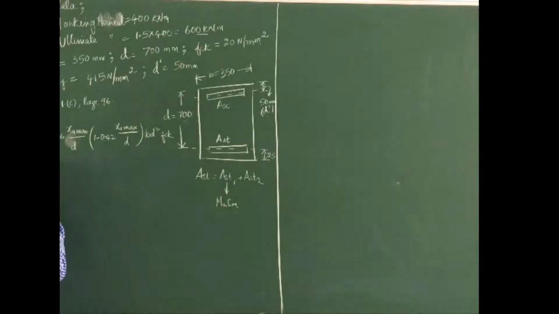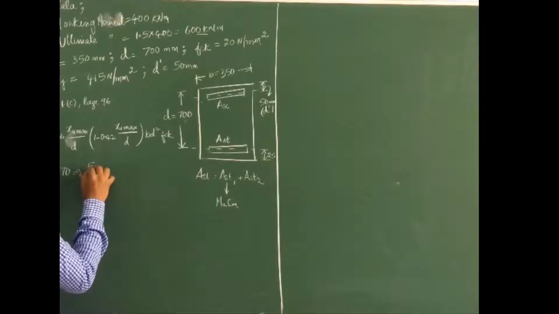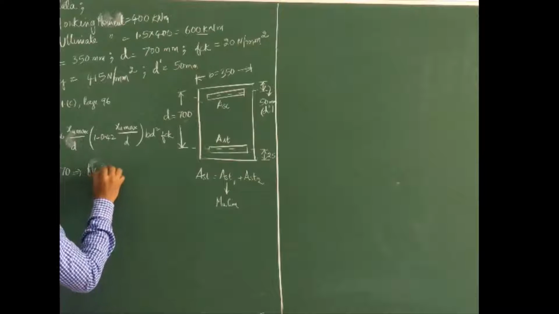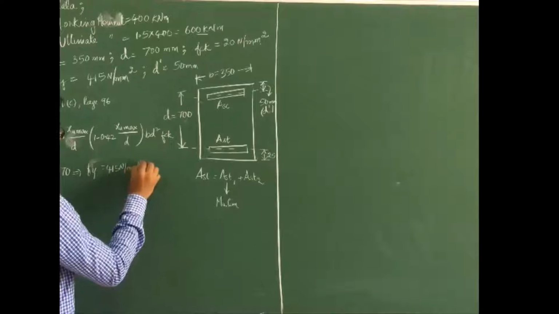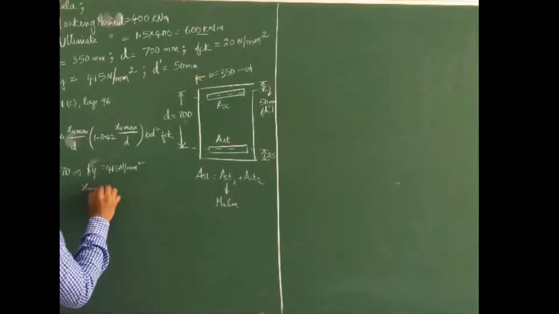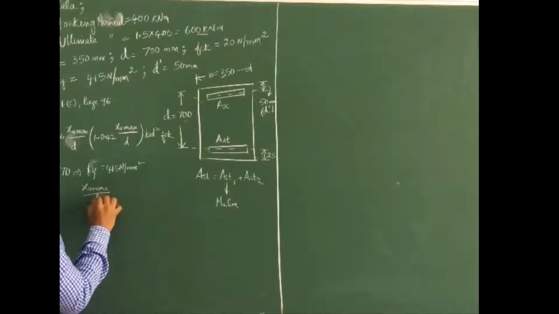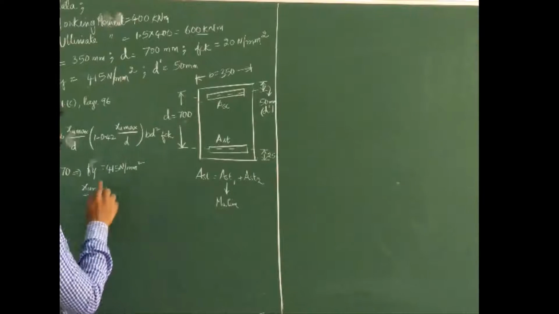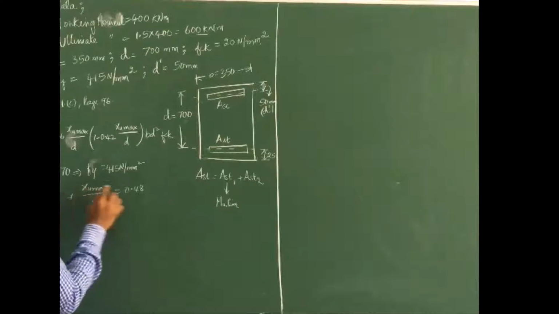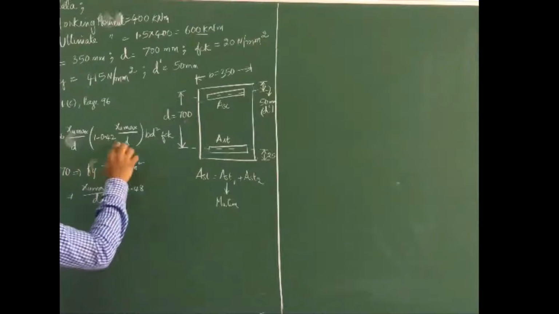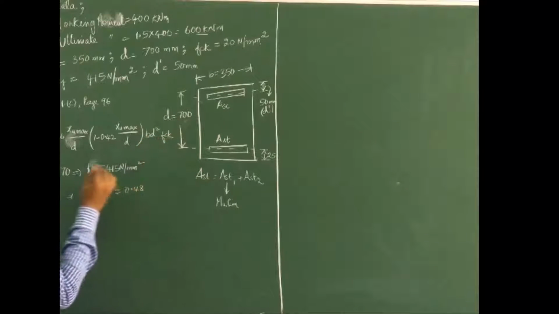From page number 70, for Fy 415 Newton per mm square, the ratio of limiting neutral axis depth to the effective depth is given as 0.48. Now substitute this value here and substitute the values of B, D and FCK also.